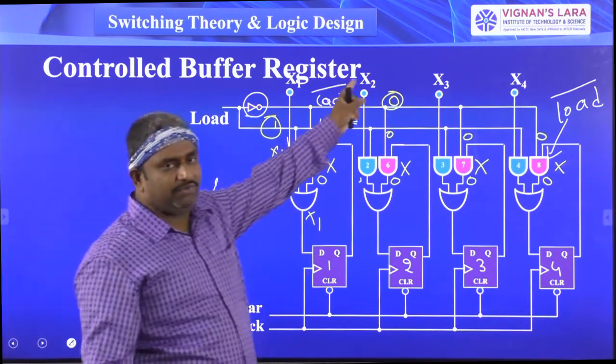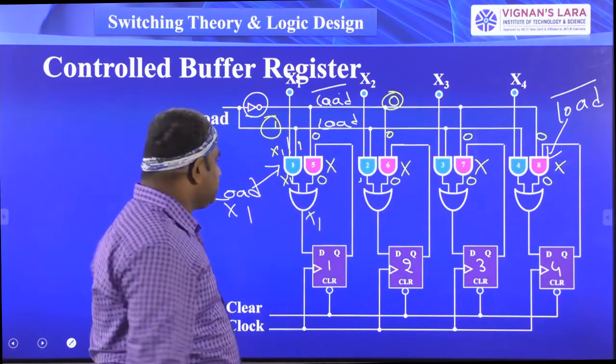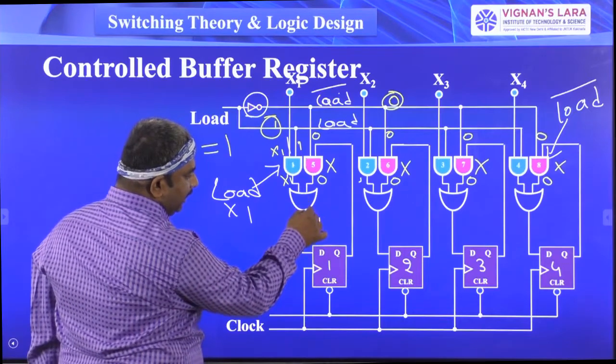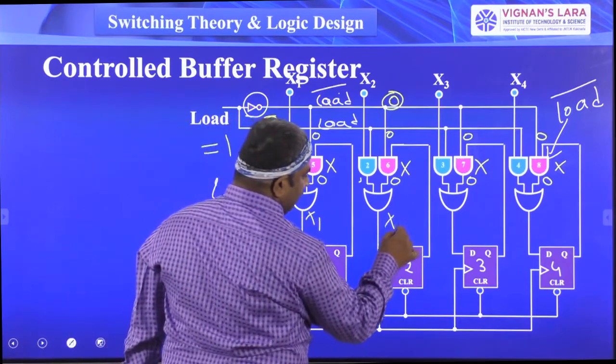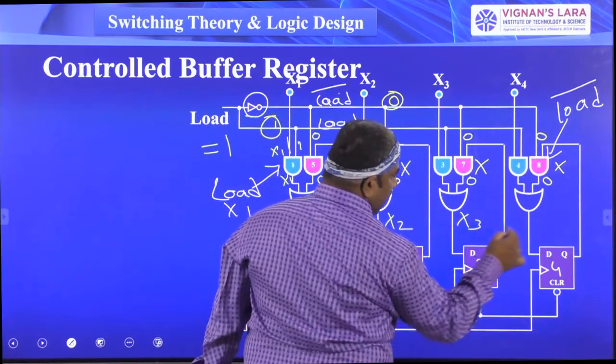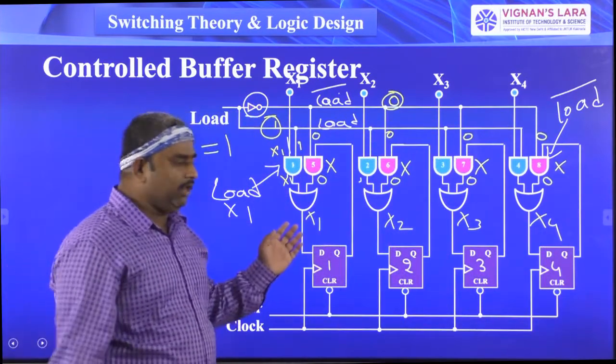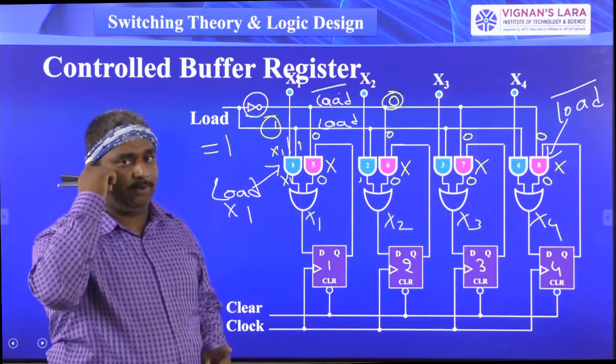The same operation will be done for x2, x3, x4 also. So when load is equal to 1, the OR gate outputs are x1, x2, x3 and x4.